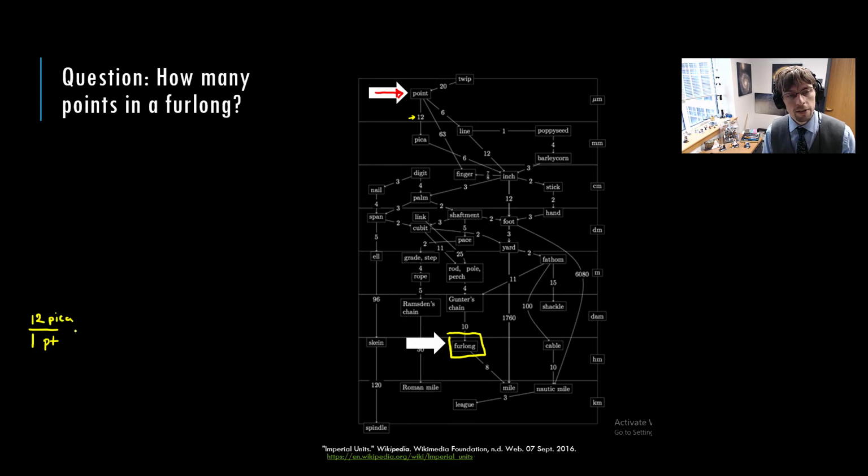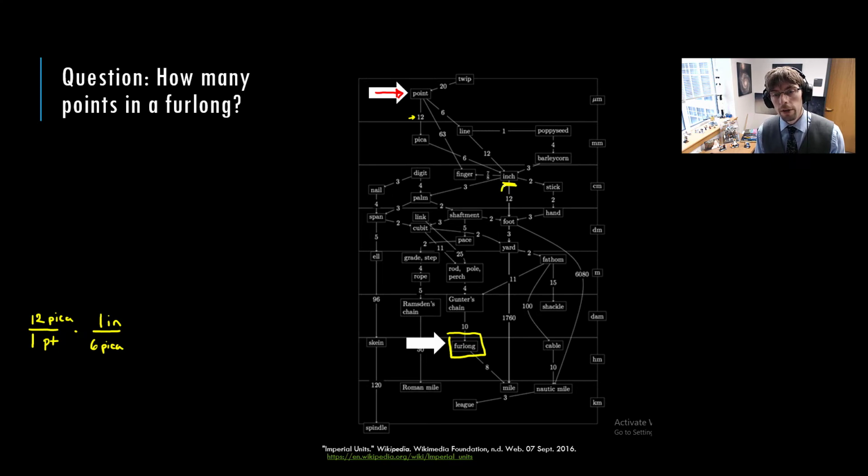And I haven't done this before. I'm just running an example. And then you could say, okay, well, how many picas? I'll go over here to an inch. Okay? So I get that there are 6 picas in 1 inch.